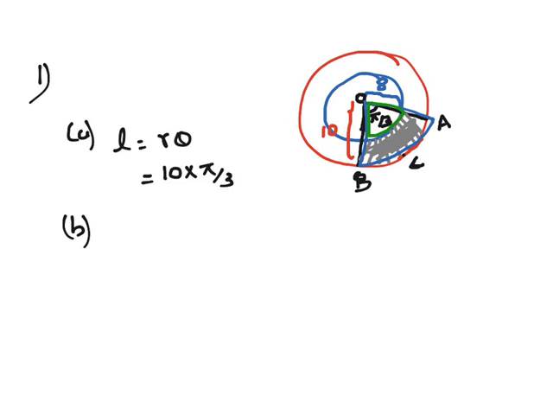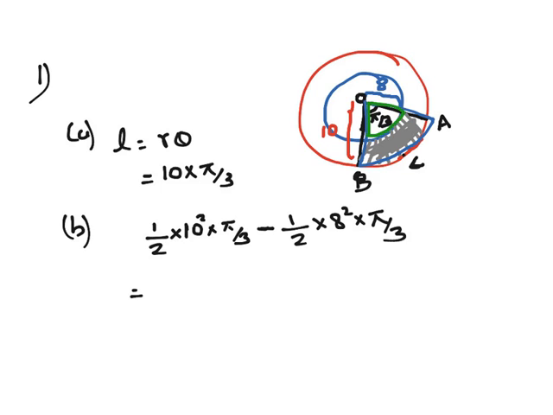That will give you the area of the shaded region. So area of the larger sector is half r square theta. That means half multiplied with 10 square into pi by 3, and then the area of the smaller sector is half of 8 squared into pi by 3. Then you subtract, that will give you the answer.